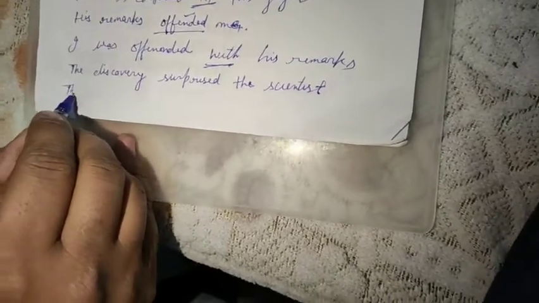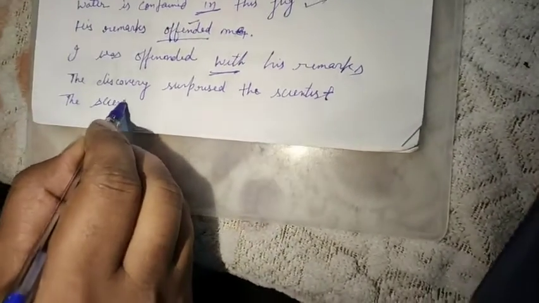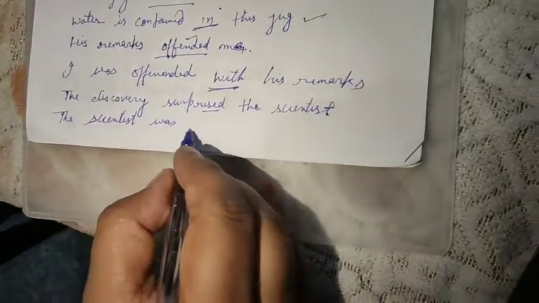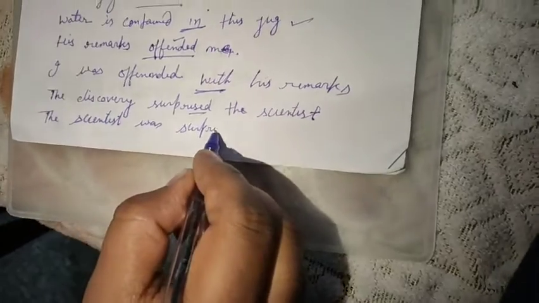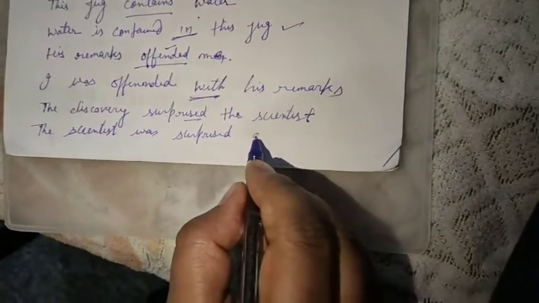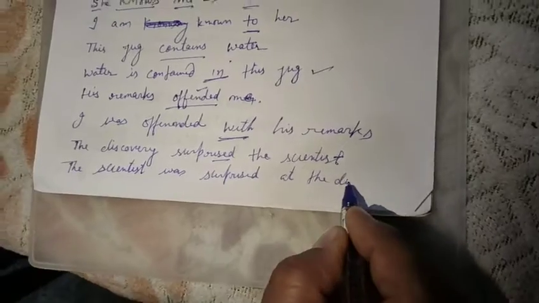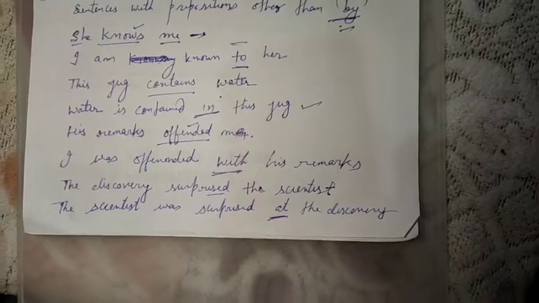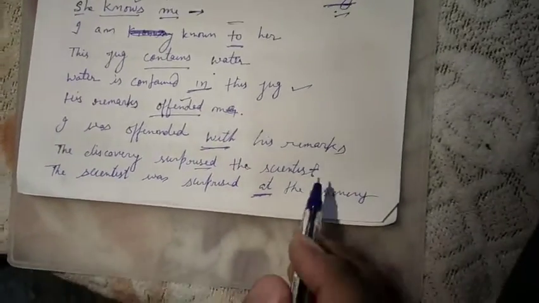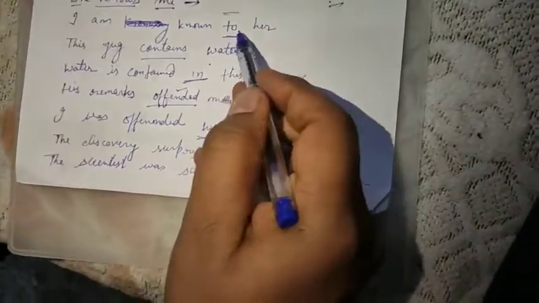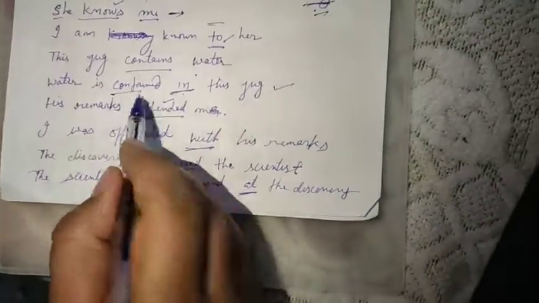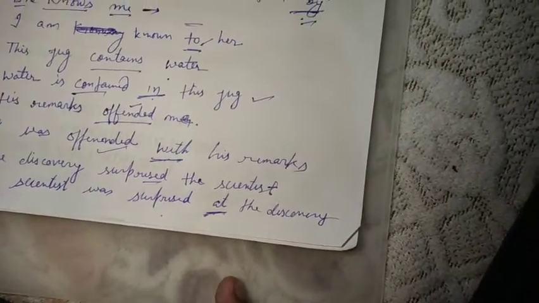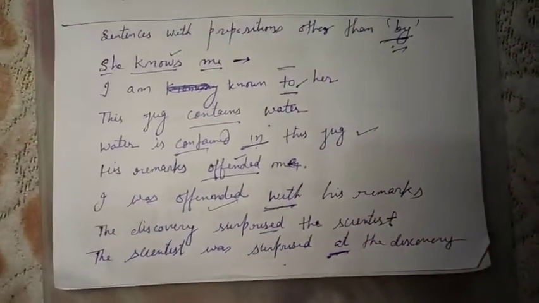Now the sentence will be: the scientist, see the tense, was surprised. Now use at. At the discovery. Now the word at is very essential. I hope you can learn. We are using to with known. We are using in with contain. We are using with often. We are using at with surprised. There are some more words. You can learn them in your grammar book.